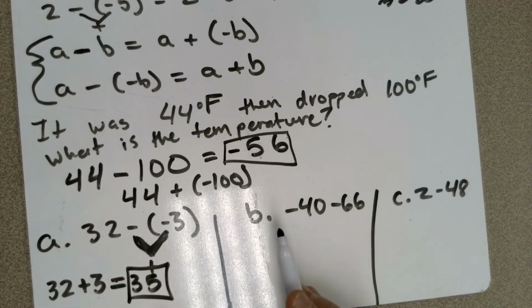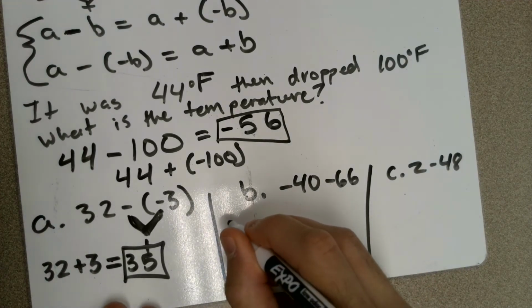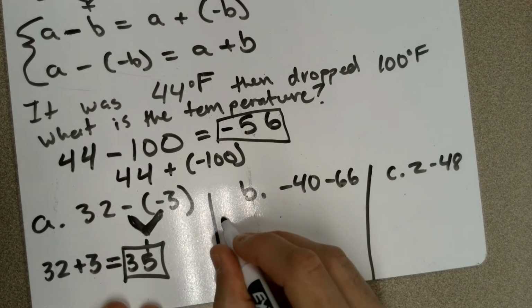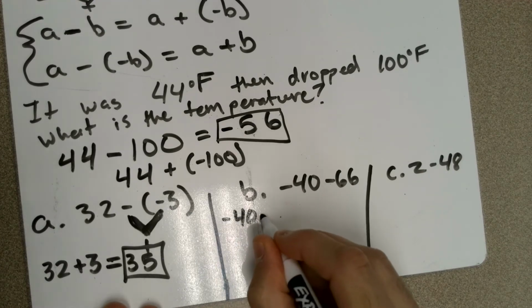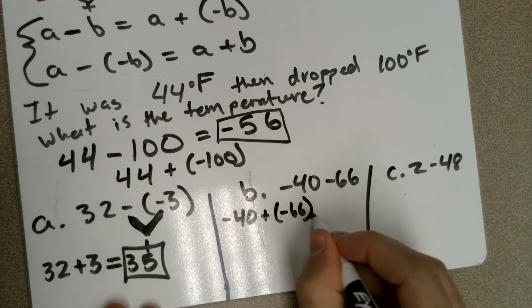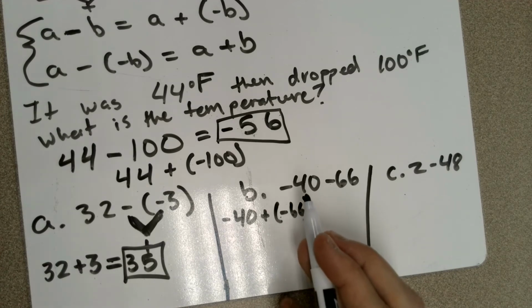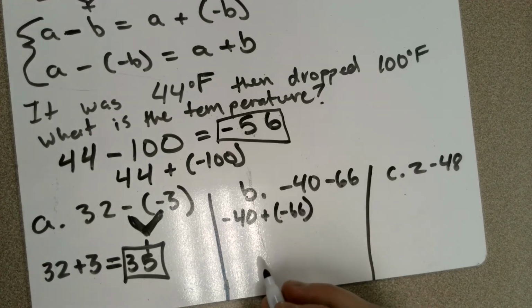All right, next one. We got negative 40 minus 60. I could think of that using my rule as negative 40 plus negative 66. I think I said 60 earlier. I meant 66. If that makes it easier for you, use that.